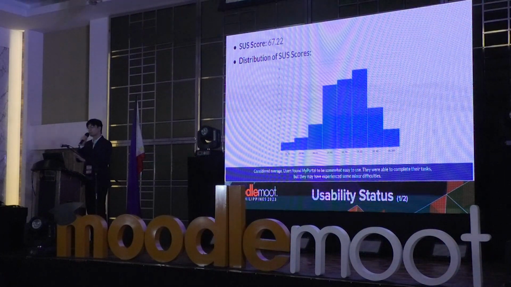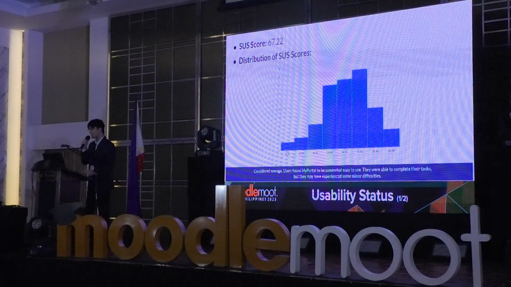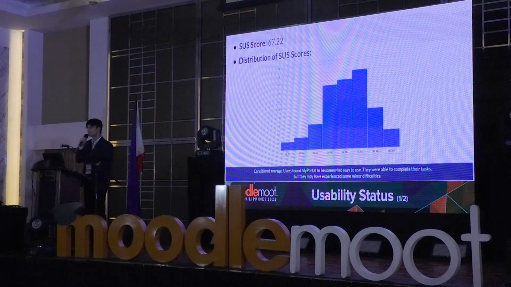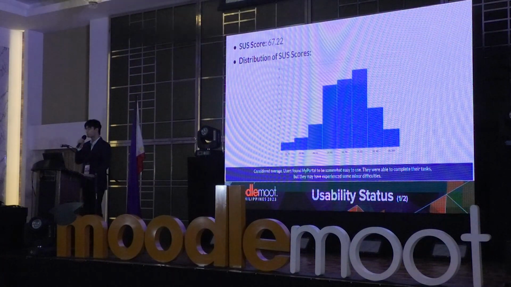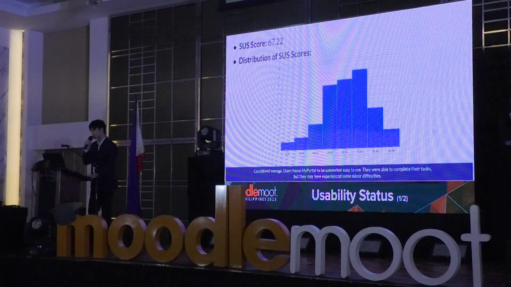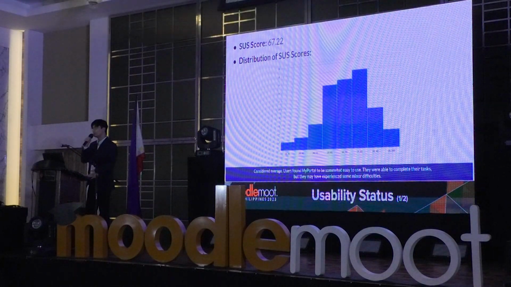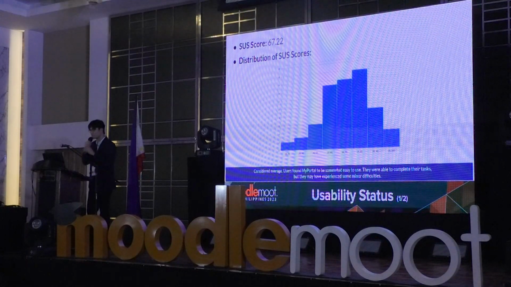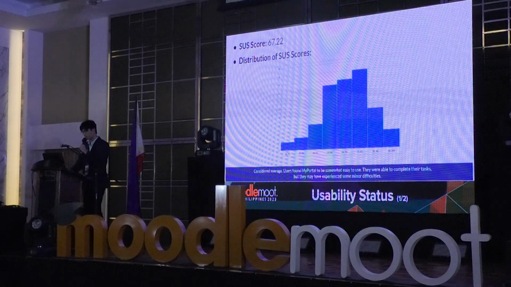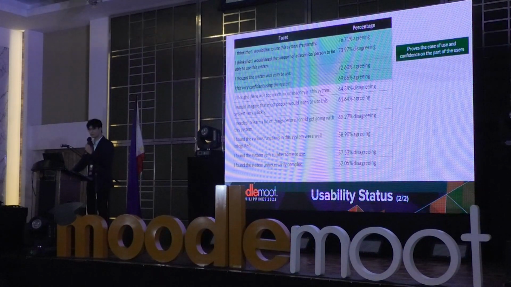These kinds of results tell us that this is considered an average to above average result. Users found My Portal to be somewhat easy to use. They were able to complete their tasks. However, they may have experienced some minor difficulties.